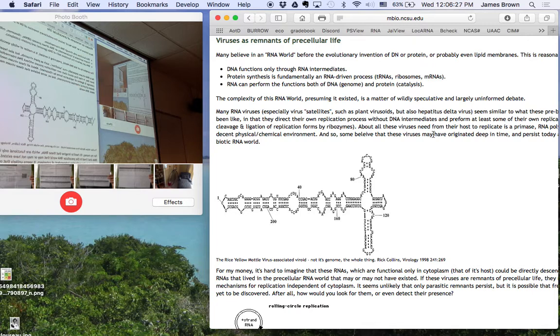This makes some sense because RNA can serve as a genome and it can be catalytically active. And so RNA can carry out both roles of genome and activity, whereas protein and DNA can't do those things. And so if these things were invented independently, RNA would have had to be first for the others.